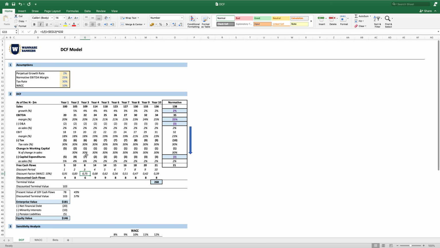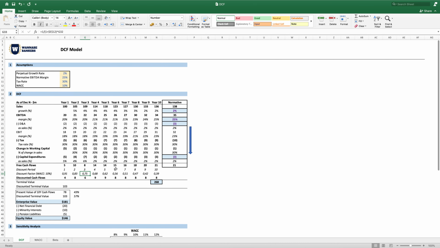How do we calculate the discount factor? The formula is 1 divided by 1 plus the discount rate to the first power in the first year. In the second year it's going to be 1 divided by 1 plus the discount rate squared.